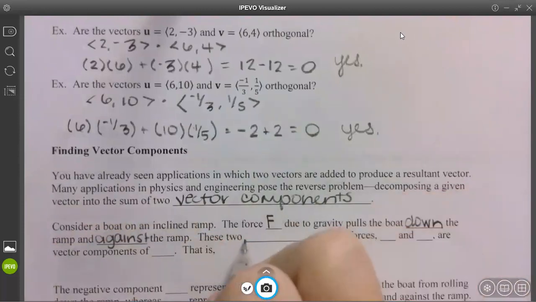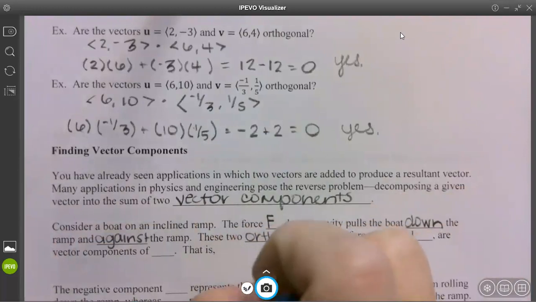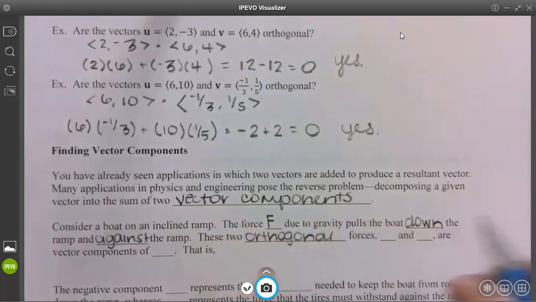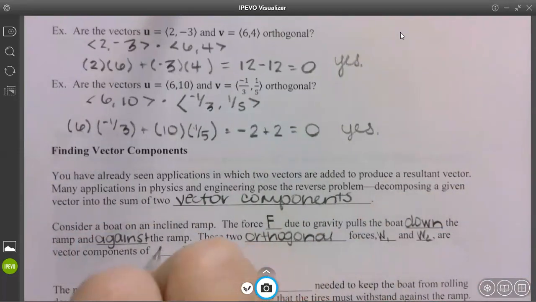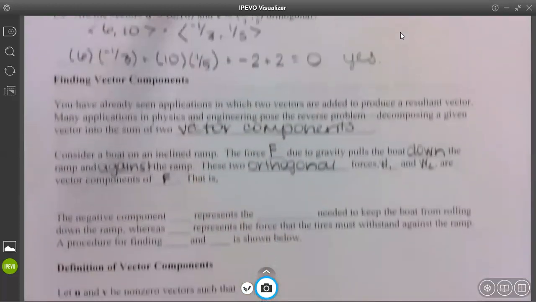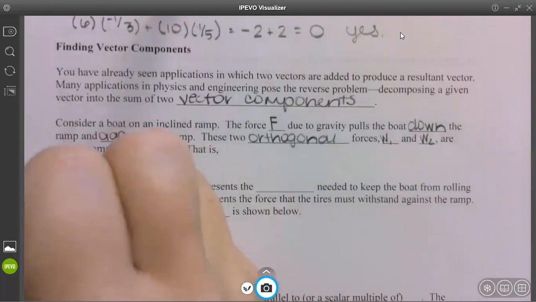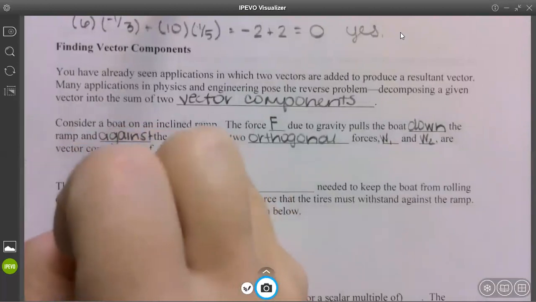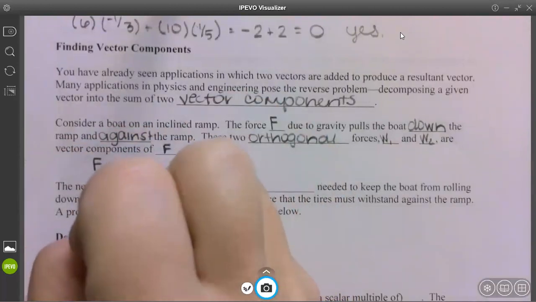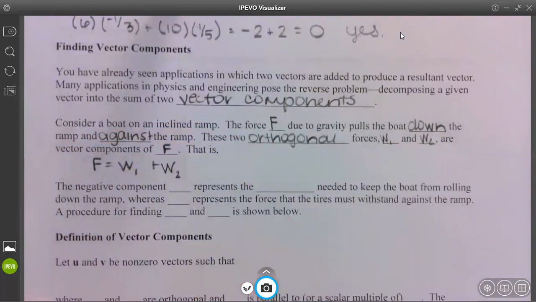These two orthogonal forces W1 and W2 are vector components of F. That is, F is equal to W1 plus W2.